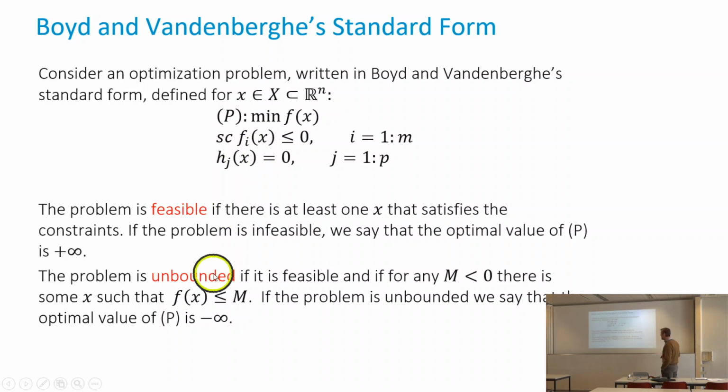If a problem is unbounded, that means there is no true minimum, and we say in that case the optimal value is minus infinity. So we can always find an x that satisfies all the constraints, and such that f of x is less than any arbitrary number m. So infeasible means the optimal value is plus infinity, unbounded means it is minus infinity.